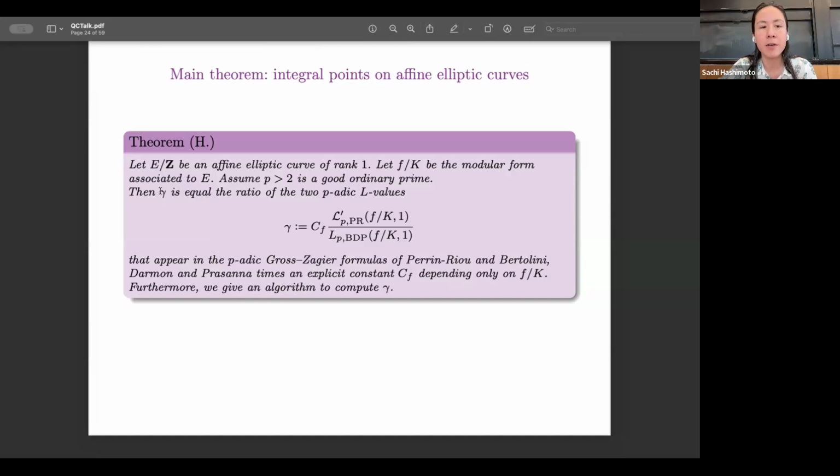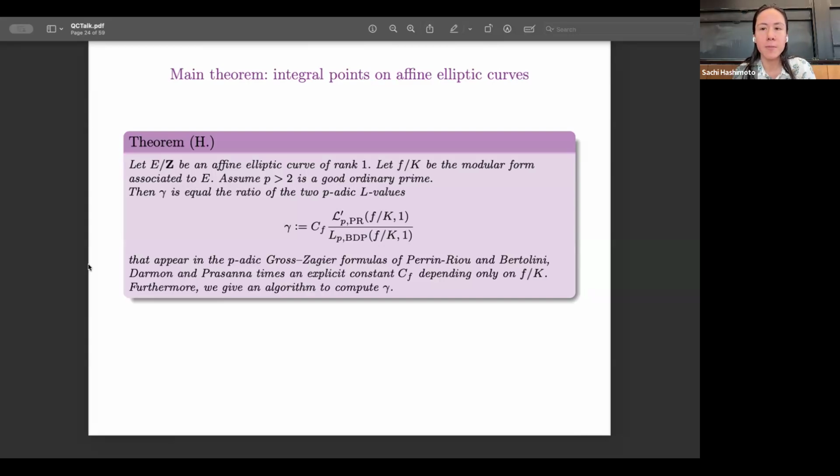Then this constant gamma appearing in this quadratic Chabauty procedure is equal to the ratio of two p-adic L-values times an explicit constant depending only on the modular form f. And these p-adic L-functions are L-functions appearing in papers of Perrin-Riou and Bertolini, Darmon, and Prasanna.